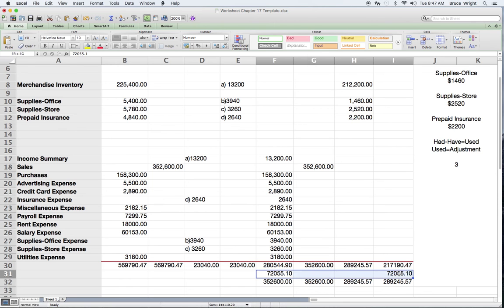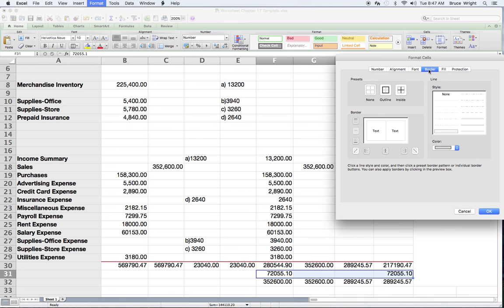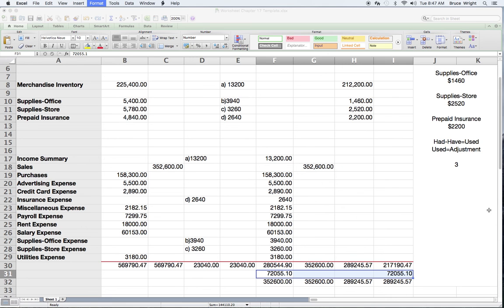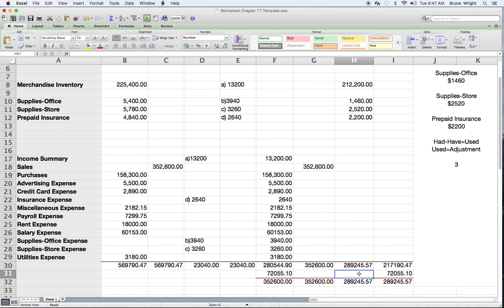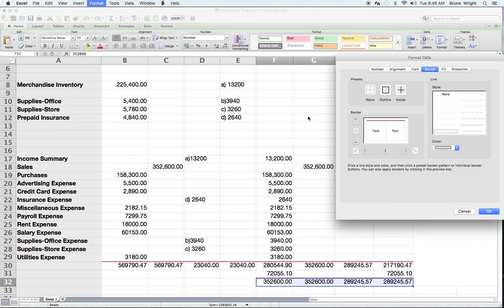Now, if you remember, we have to draw a red line here. And we have to draw a double line here. Just go to Format, Cells. Make sure you turn this to red.